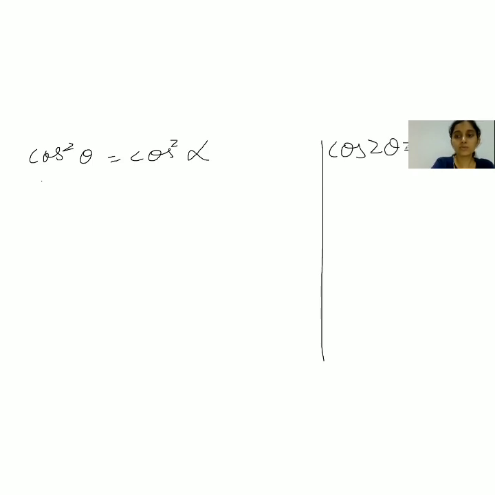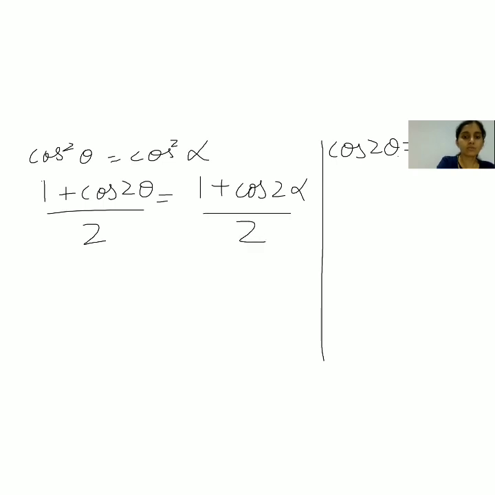It is 2 cos square theta minus 1, right? So we can write cos square theta as (1 plus cos 2 theta) upon 2, which is equal to (1 plus cos 2 alpha) upon 2, right?